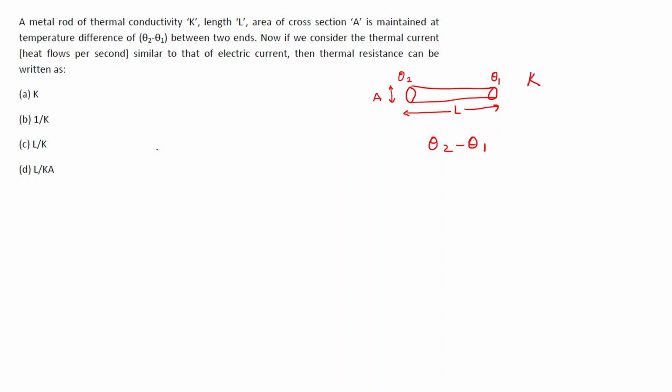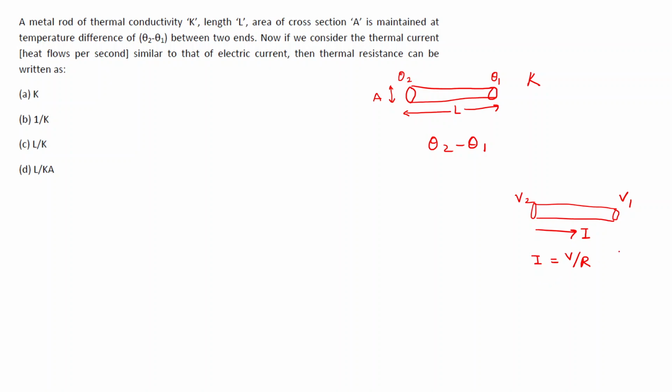Okay, so let's do a comparison. Like we know that if there is a wire, again we consider it cylindrical, and when there is potential difference across that wire, then only the current flows in that wire. This we know. And the expression for current is, from Ohm's law, potential difference divided by the resistance of that wire.